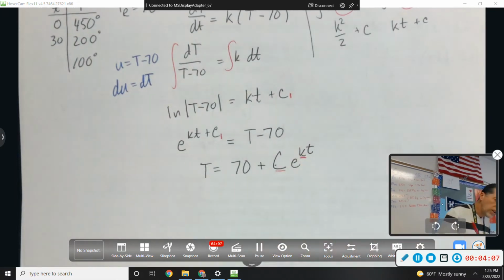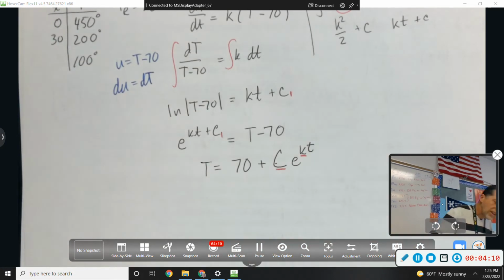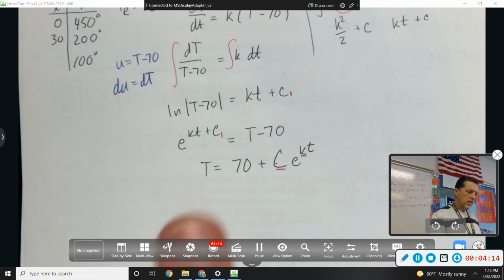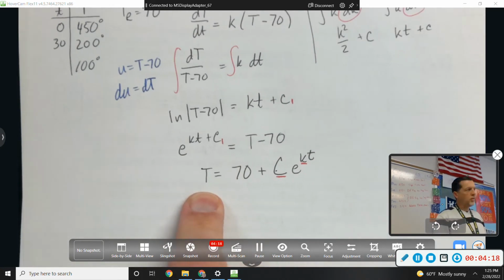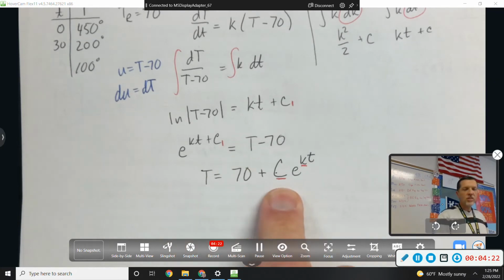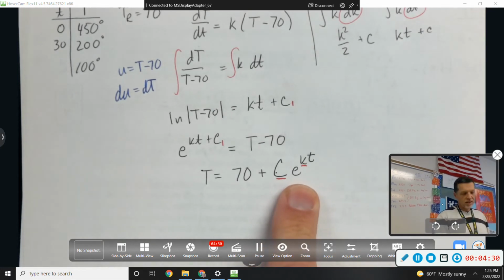So let's pause for a second here because I've got 5 letters in this problem. Is t a variable or a constant for this problem? Variable. T is changing. That's the temperature. C. Is C a variable or a constant for this problem? Constant. E. Is it a variable or a constant? Constant. Like E is always the same thing.